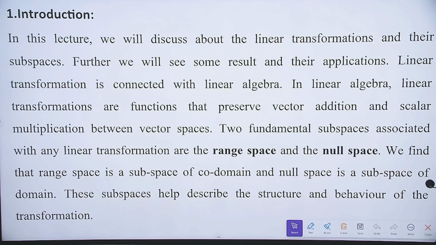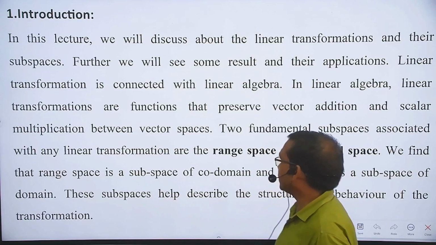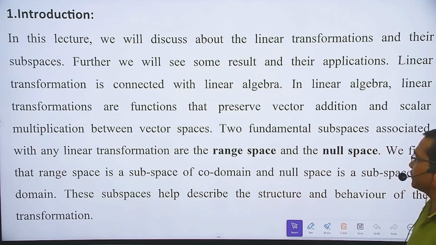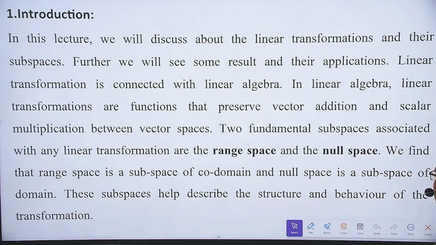Two fundamental subspaces associated with any linear transformation are first the range space and second the null space. We find that the range space is a subspace of the codomain and the null space is a subspace of the domain. These subspaces help describe the structure and behavior of the transformation.